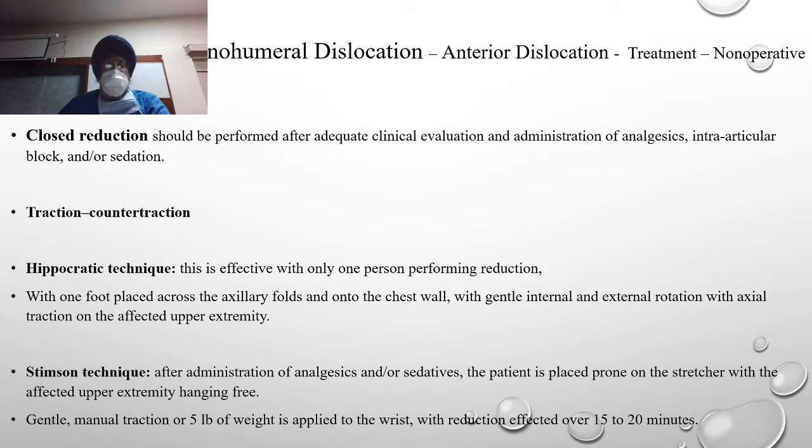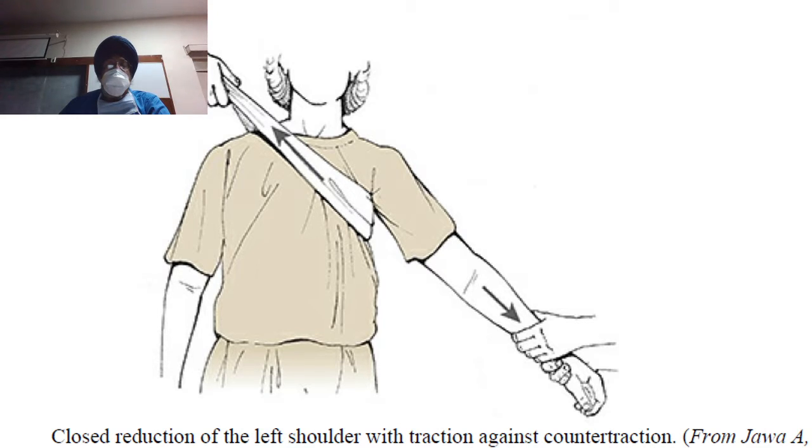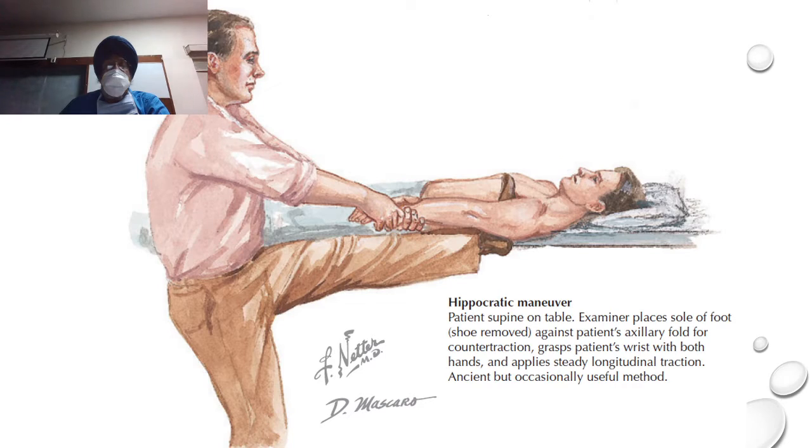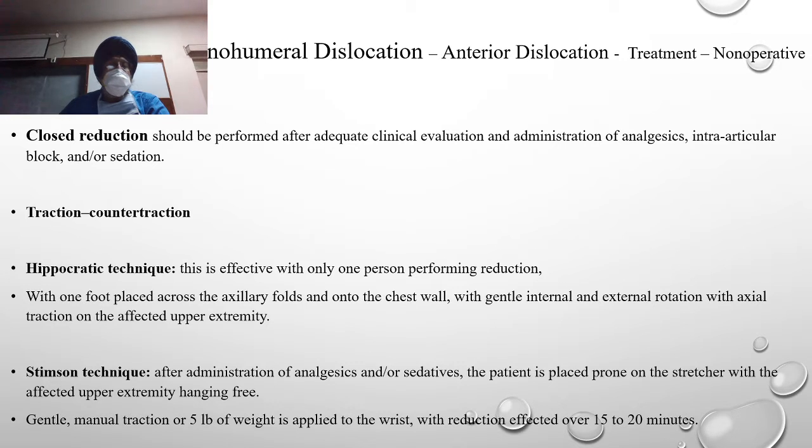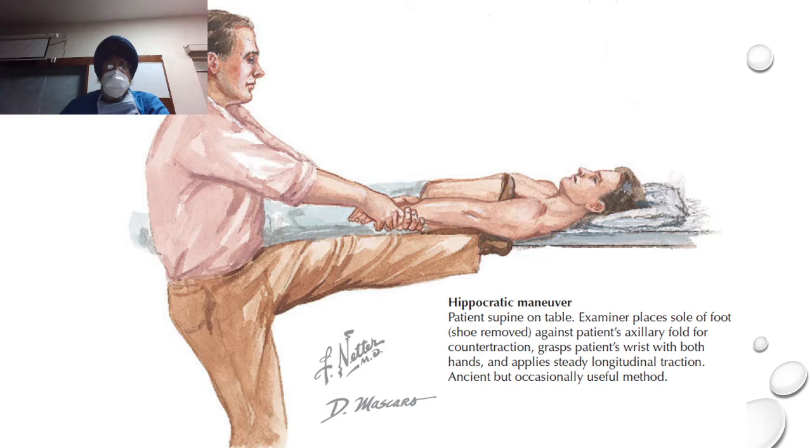Hippocratic technique: this is effective with only one person performing reduction, with one foot placed across the axillary fold and onto the chest, with gentle internal and external rotation and axial traction on the affected extremity. This is the Hippocratic technique.